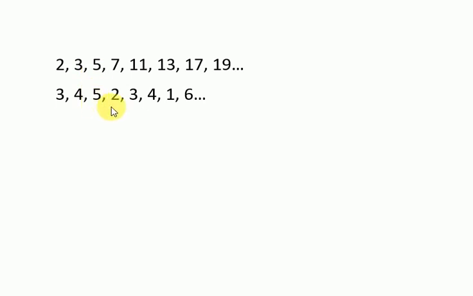Well, not so fast. Because there's no reason why there shouldn't be sets inside of the power set of Aleph Null that don't have a function behind them. It could be random numbers, just numbers like 3, 4, 5, 2, 3, 4, 1, 6, and continue on, with no functions behind them.